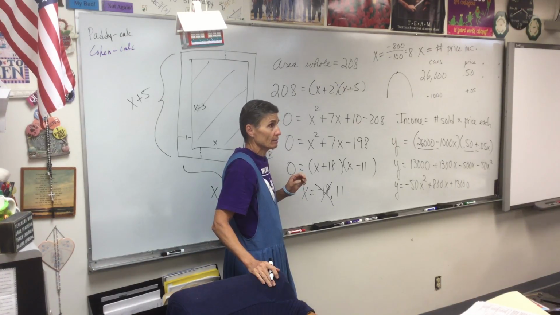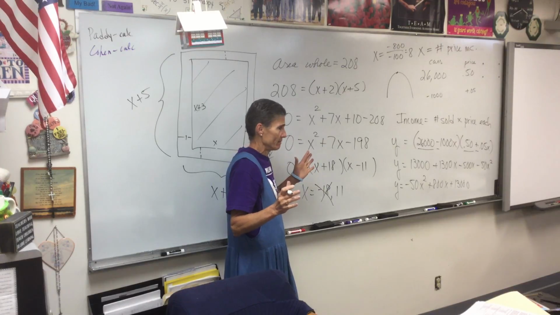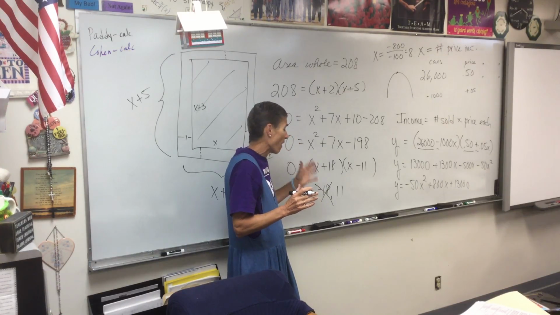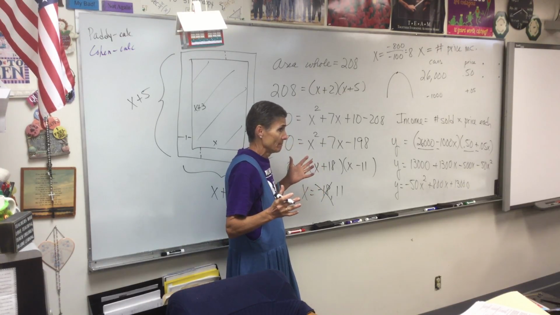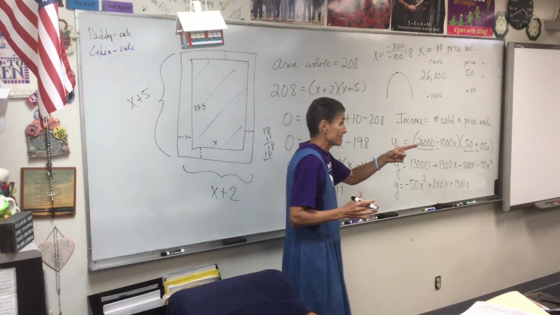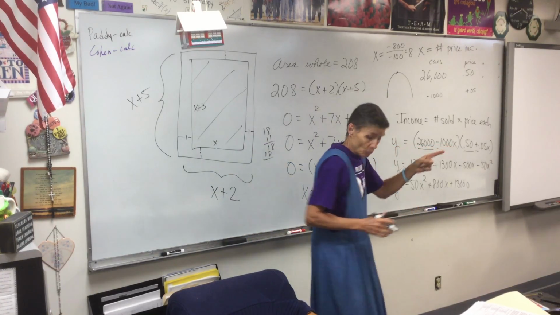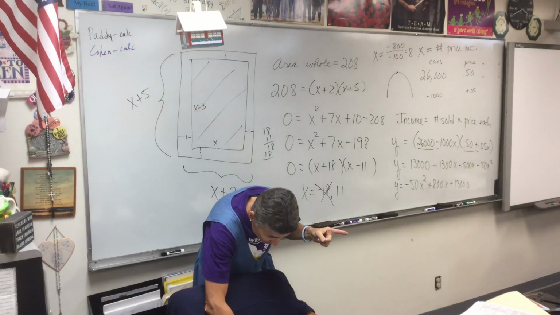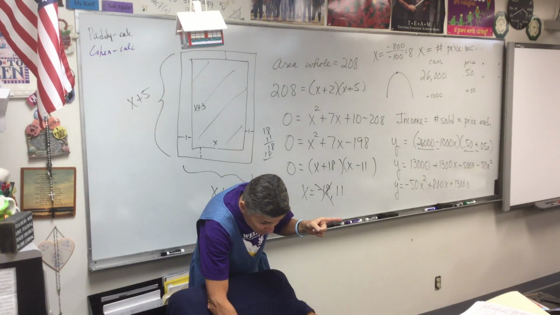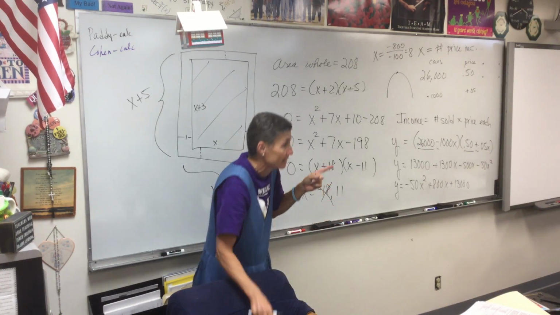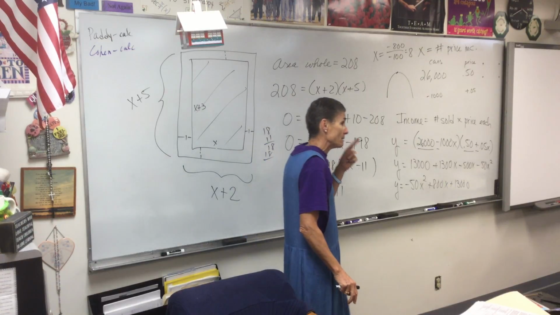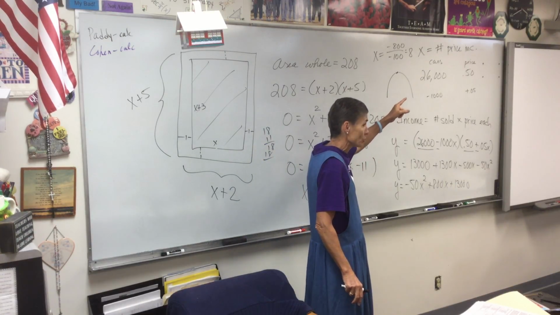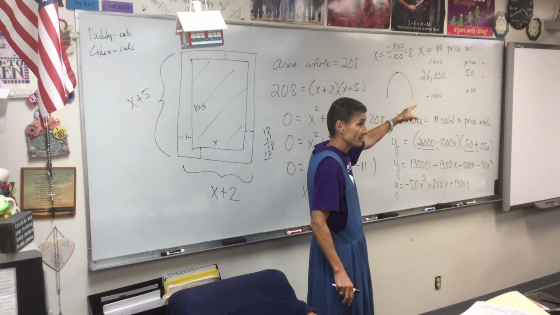Now, wait a second. What is that 8? 8 what? Is that 8 cans? $8? 8 increases. So the question said, how much should Sweet Drop charge per can? Now wait a minute, how much did we originally charge per can? 50 cents.